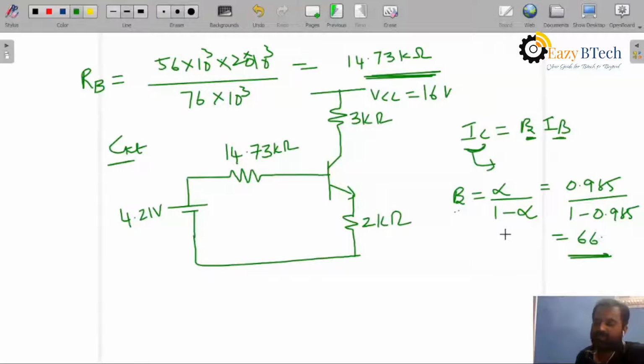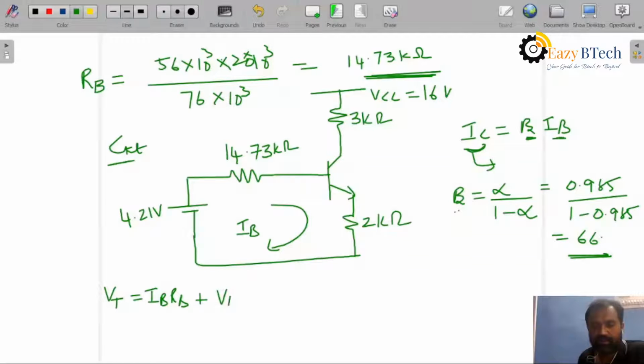Now from this expression we will write VT is equal to, first, the loop current is IB into RB plus VBE plus IE into RE. This is the loop equation.